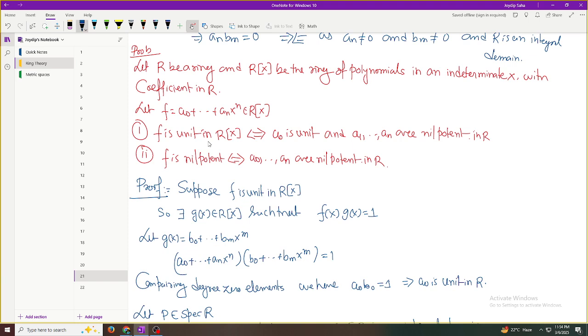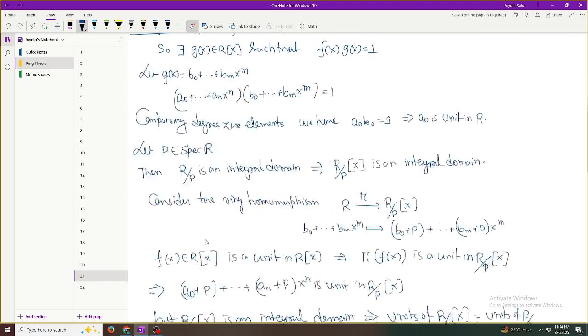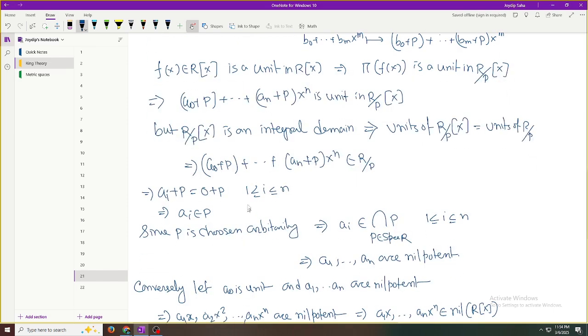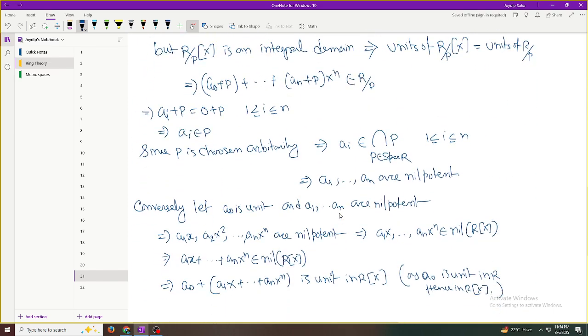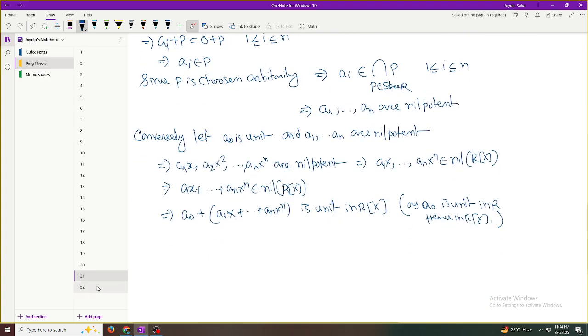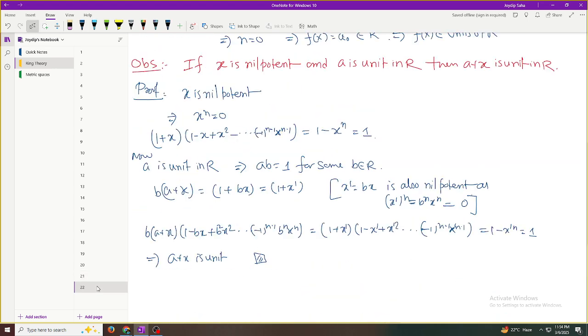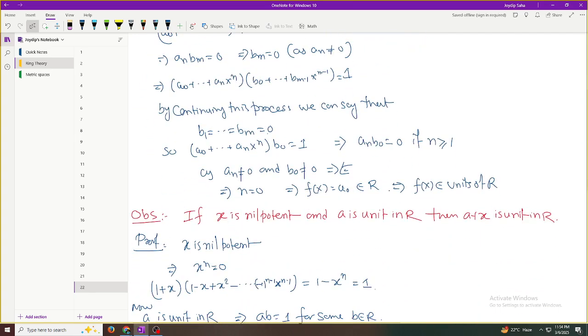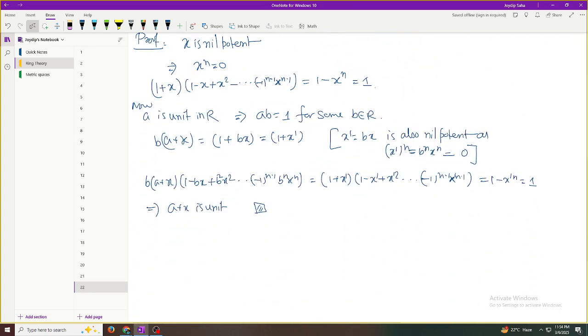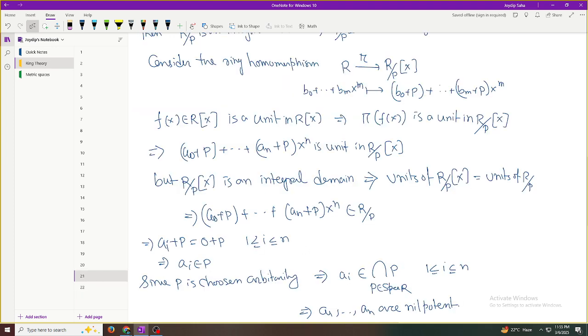Same thing, proceed by the same argument. Try.